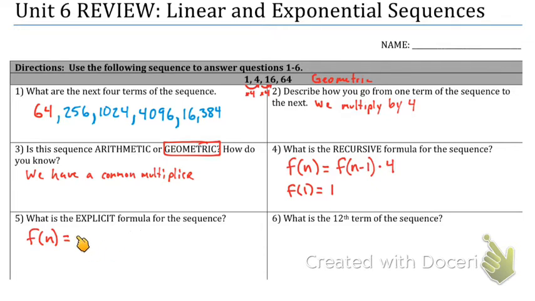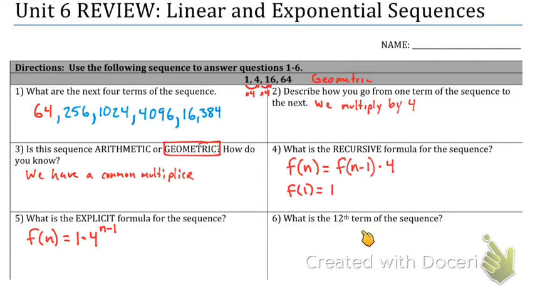So I'm going to put 1 here. Then, since it's geometric, we write in our common multiplier. What are we multiplying by to get to the next term? We're multiplying by 4. So we go times 4, and then the formula calls for an exponent of n minus 1. And there's our explicit formula.